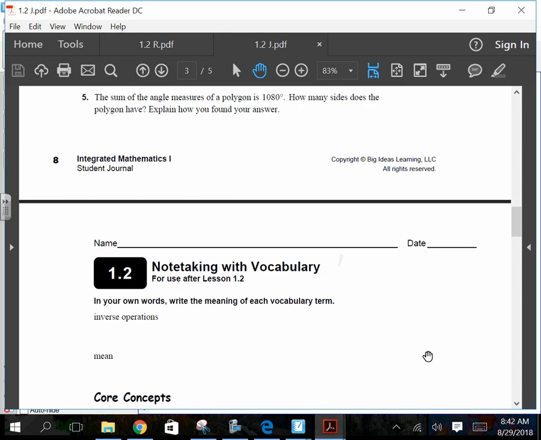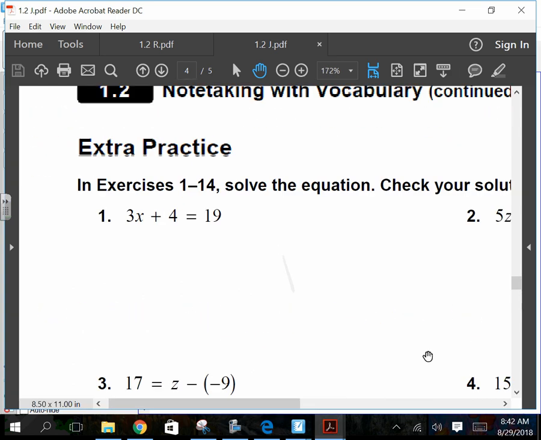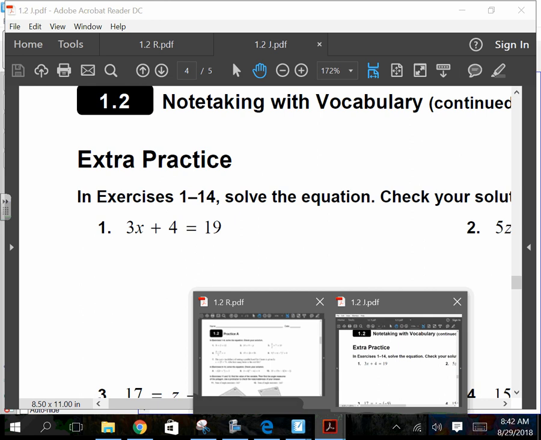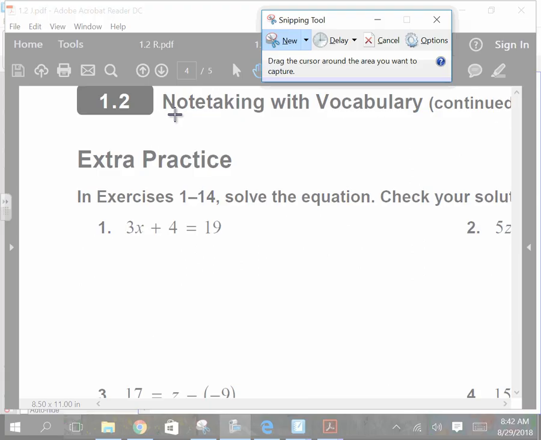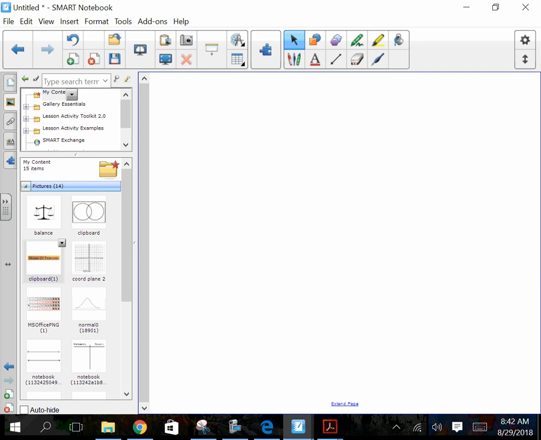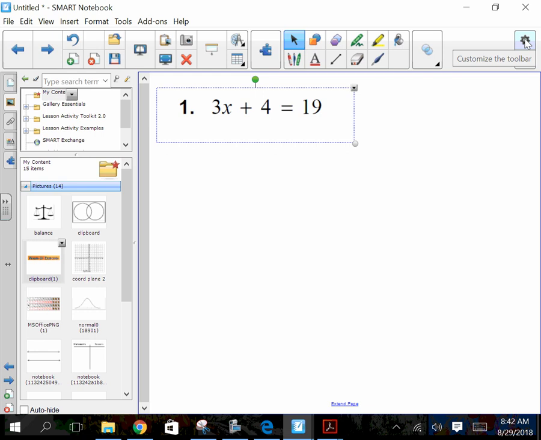Okay, here we go. So let's go ahead and do number 1 on the back side. Step 1.